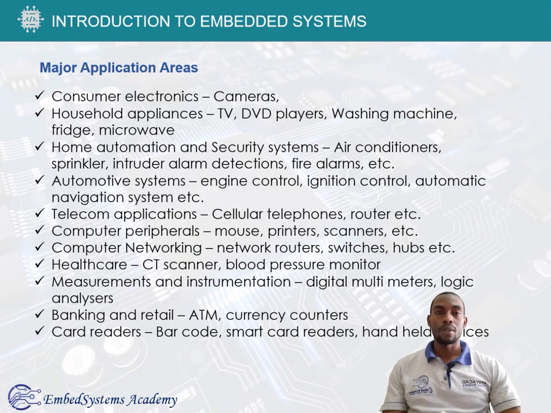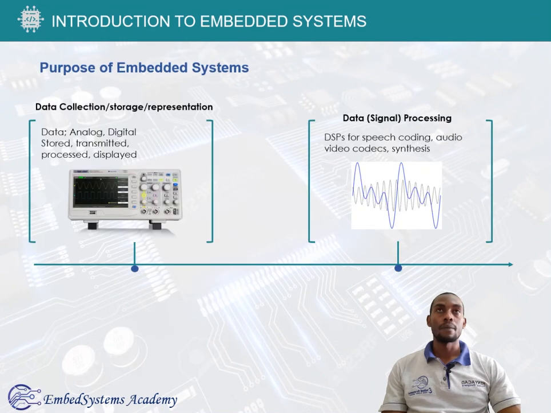So what is the purpose of embedded systems? Now, there are 5 purposes of a typical embedded system. One, they are used in data collection, storage, and representation. Of course, you have 2 kinds of data: analog and digital.